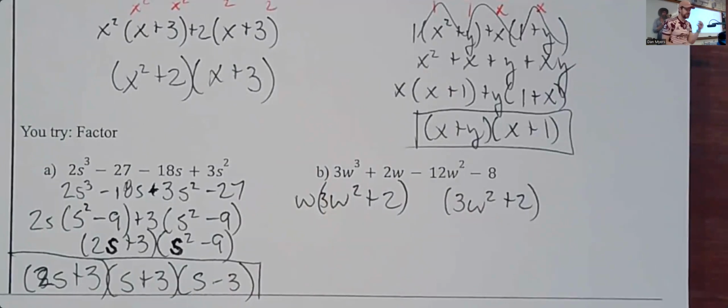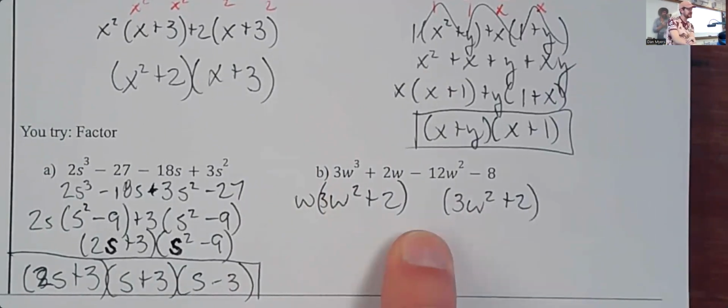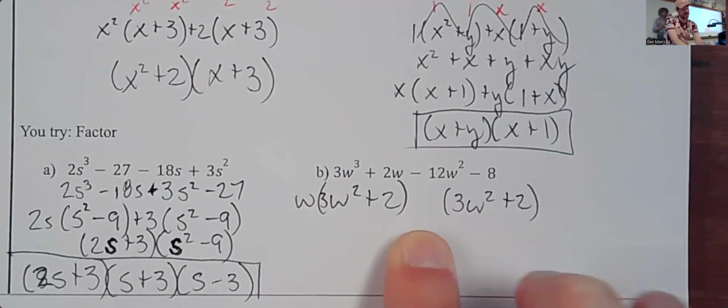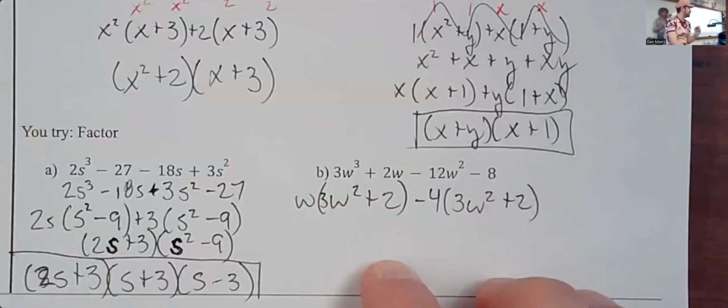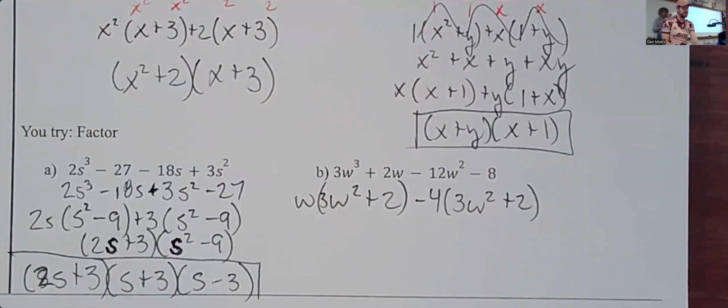Sometimes it can be helpful to do it this way, because if you think about what number you actually have to factor out here, it's not going to be 4. It's going to be what? Negative 4, yeah.